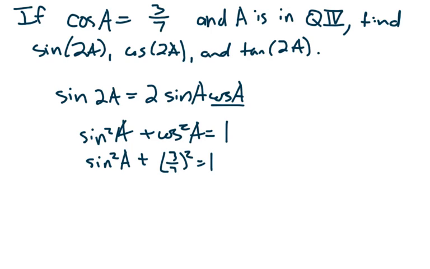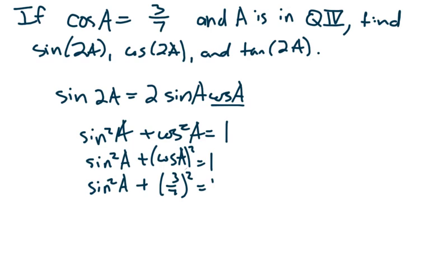Notice that I am plugging in 3/7 not for A, but for cosine of A. Sometimes it helps doing this step to write cosine squared of A as cosine A parentheses squared before you try to plug in 3/7 for cosine A. It makes it easier to see that the 3/7 is being squared when you write it like this.